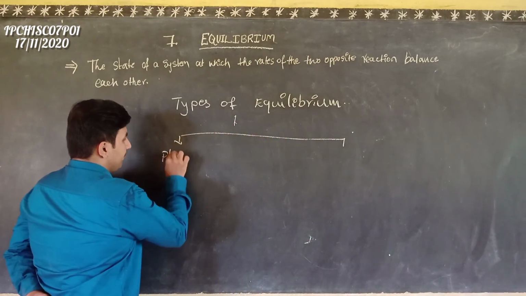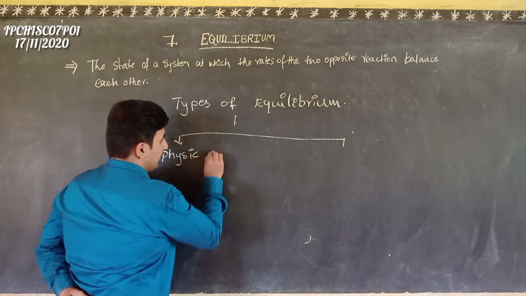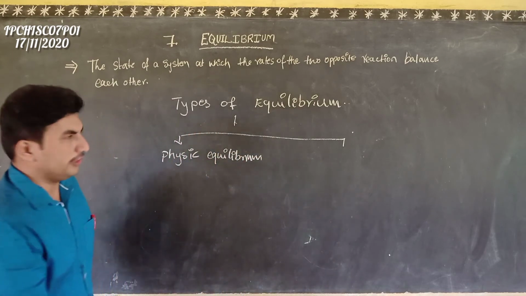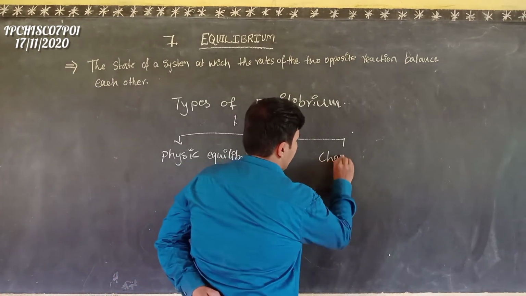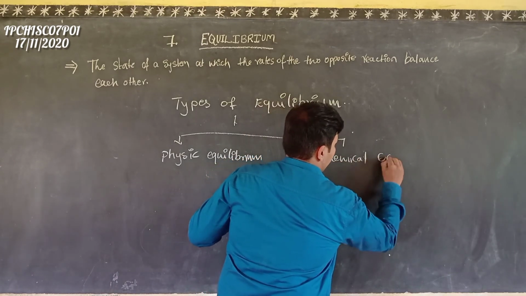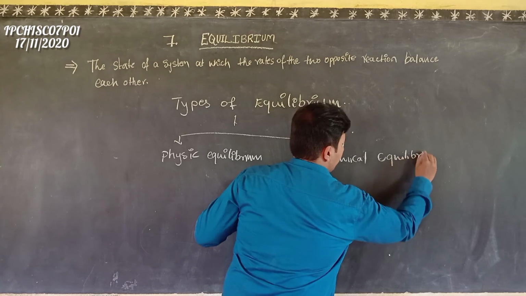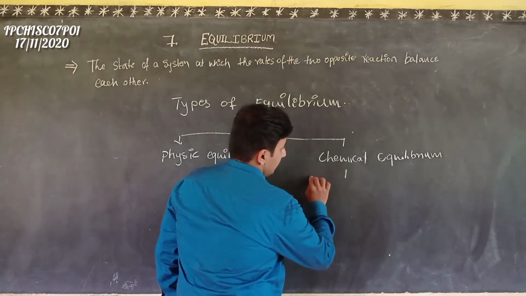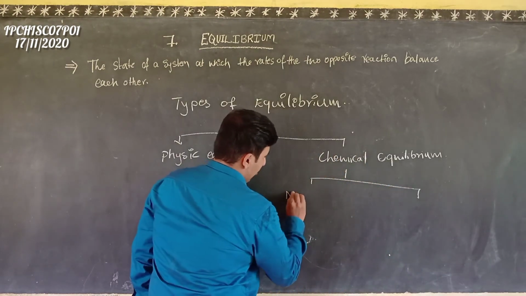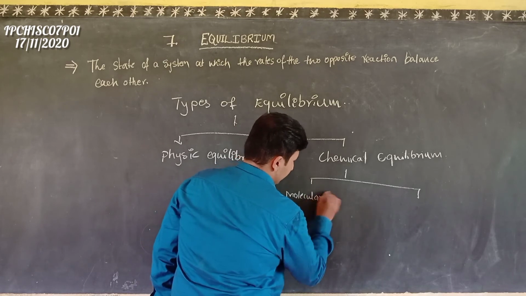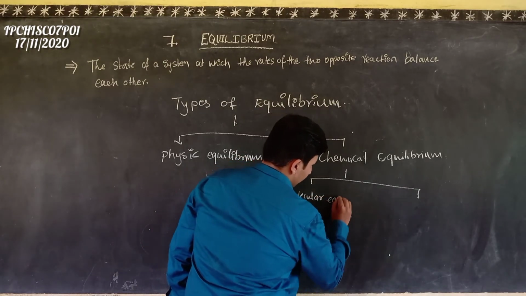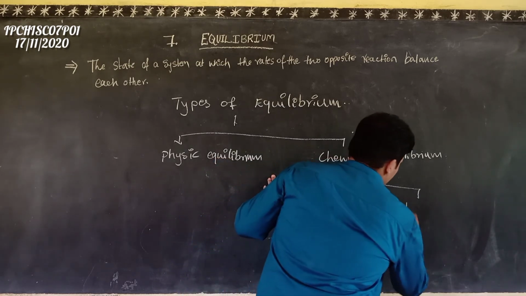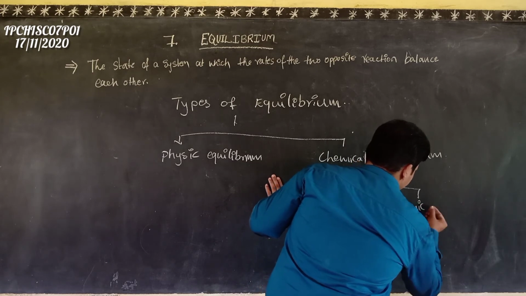One is physical equilibrium, and one more type is chemical equilibrium. In chemical equilibrium, there are two types. One is molecular equilibrium, and one more type is ionic equilibrium.